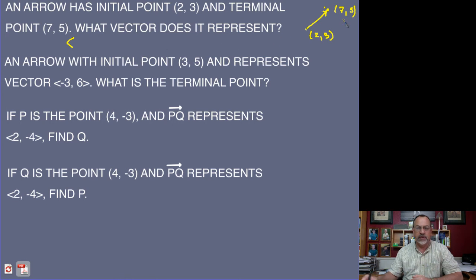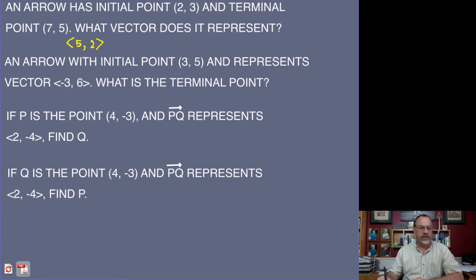The A component is the head component 7 minus the tail component 2. 7 minus 2 is 5. The B component is 5 minus 3, which is 2. So this represents the vector 5, 2. These are the components of the vector that has these two points as its initial and terminal points.